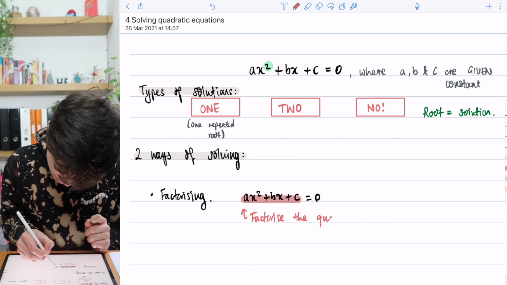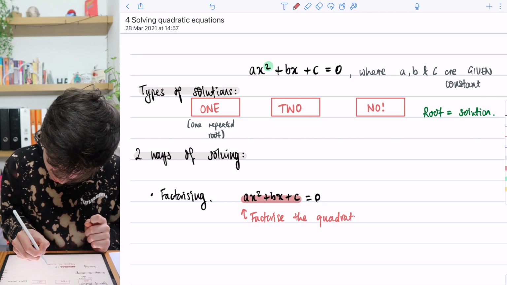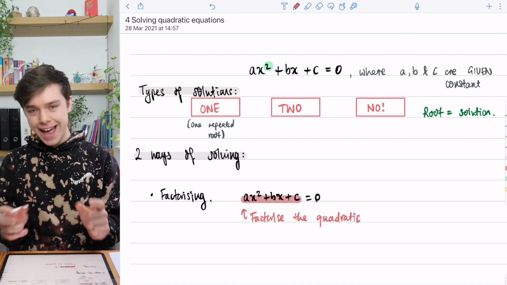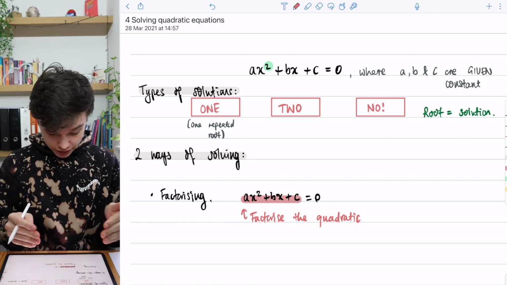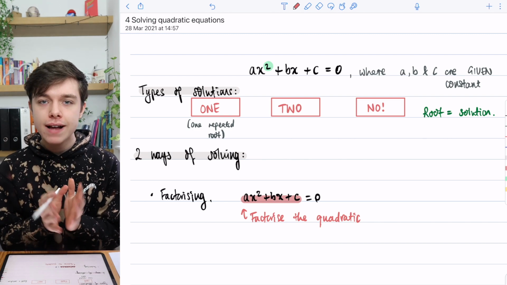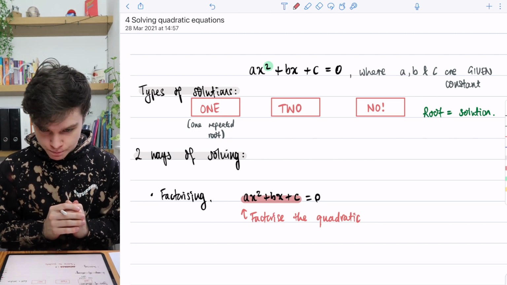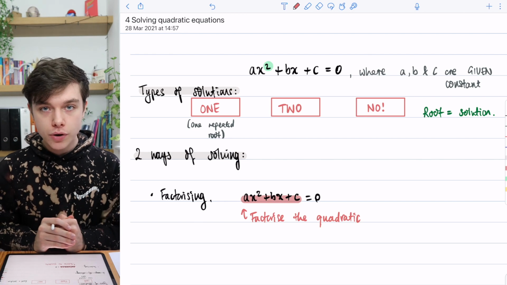And factorising we've covered in another video. What you want to do to factorise is to get two brackets. One bracket times another bracket will give you that quadratic form. That's the factorised version of that quadratic form. So we're going to factorise the quadratic.